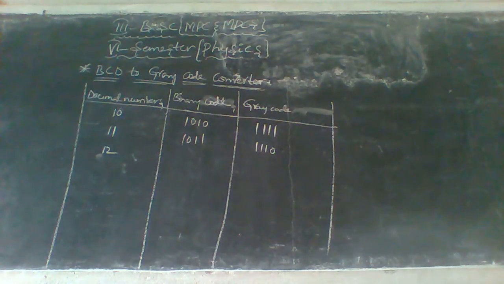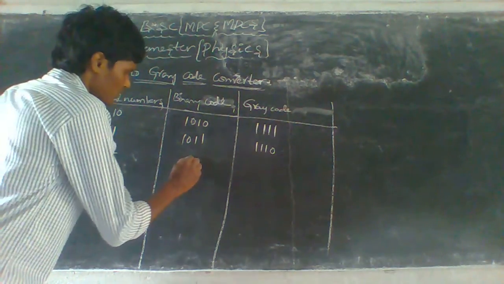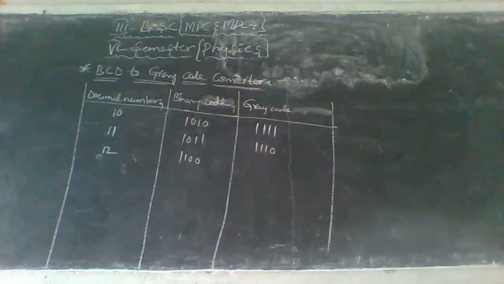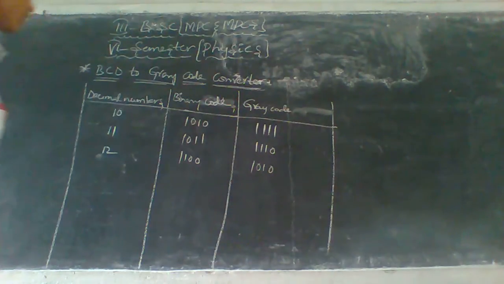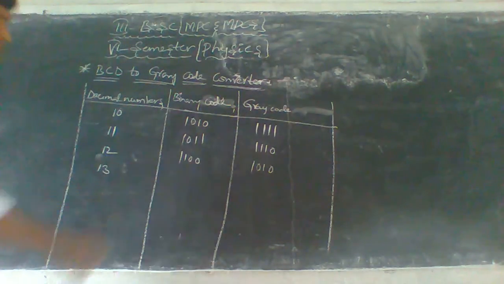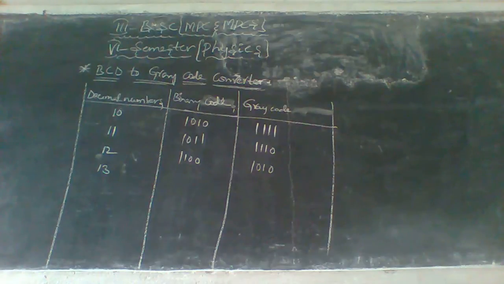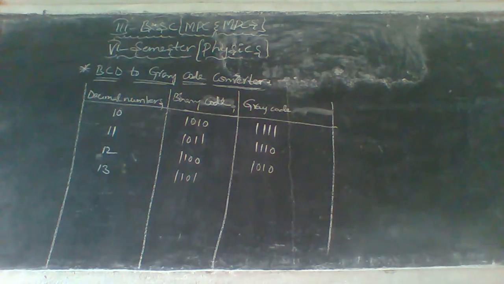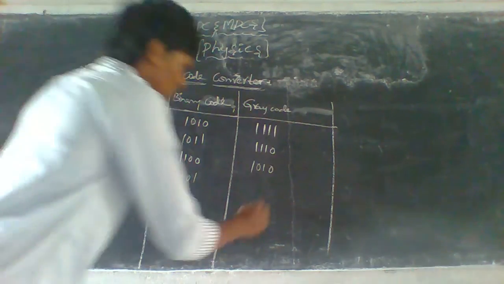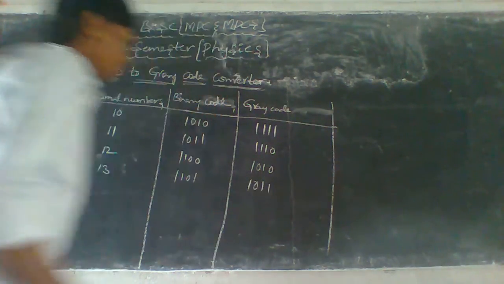For 12, the binary code is 0011 and the Gray code is 0101. For 13, the binary code is 1011 and the Gray code is 1101.